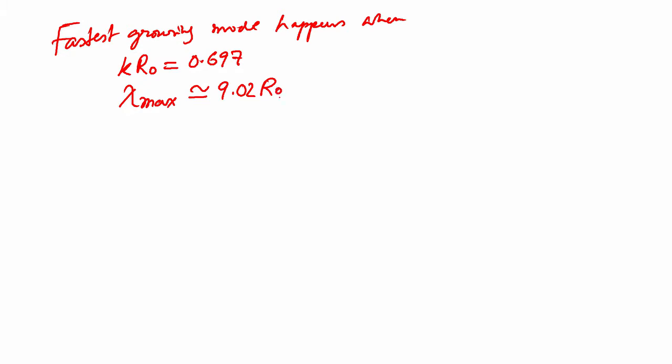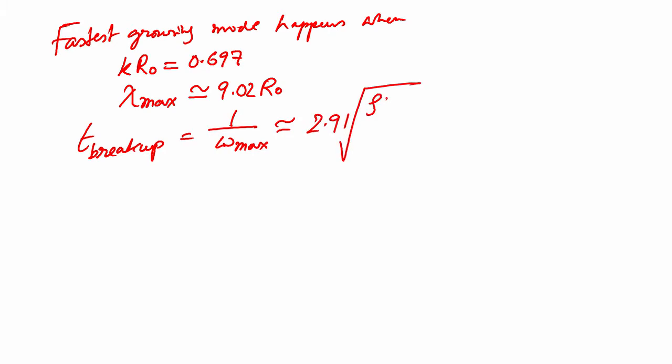Okay. And if we correspond the time scale, the T breakup is equal to 1 by omega max, then that becomes essentially 2.91 square root of rho R0 cube by sigma.